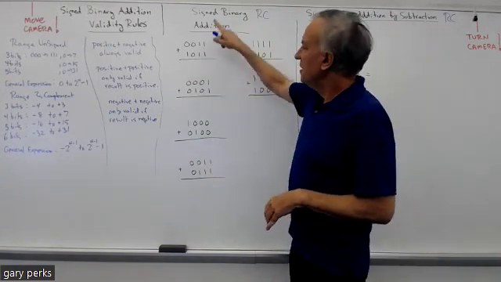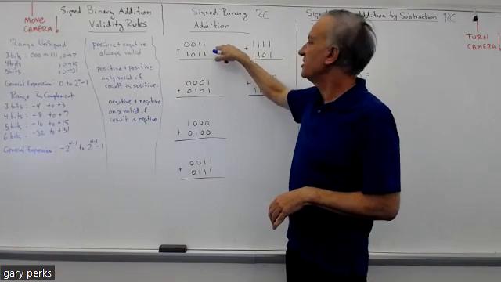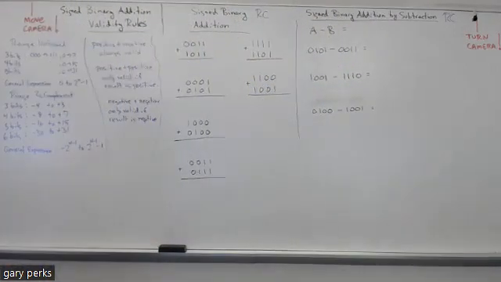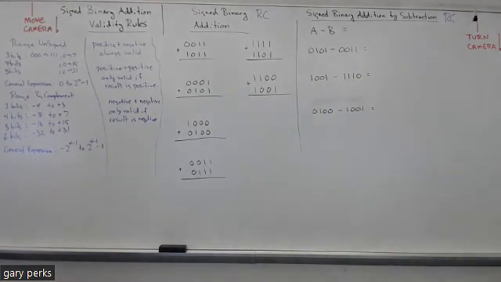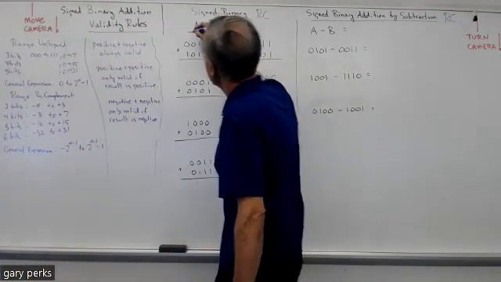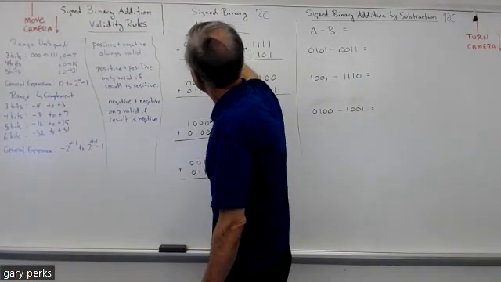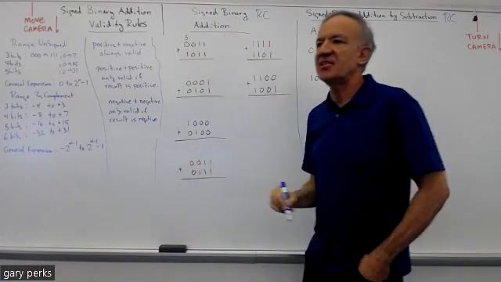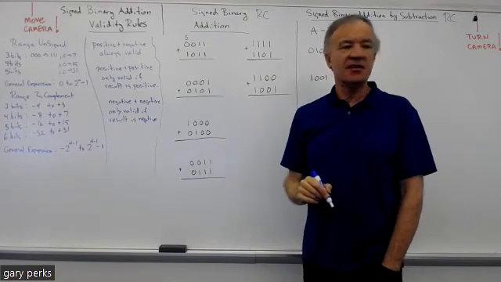Okay, so here we have our first example. When we add signed binary numbers manually, we do it the same way as when we add unsigned binary numbers, like we've done previously. The only difference is that the furthest left bit, the most significant bit, is now a sign bit.